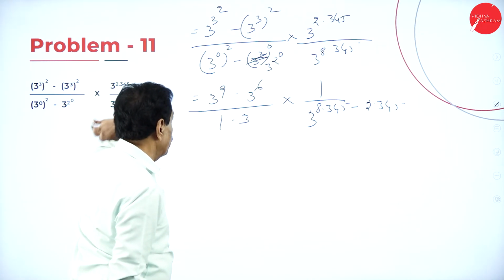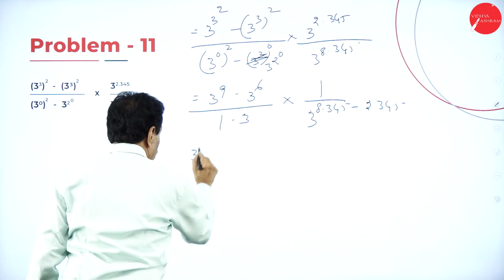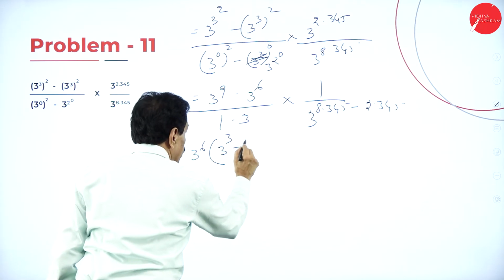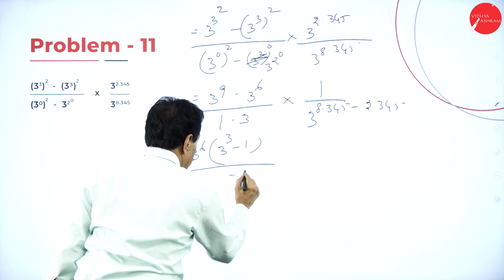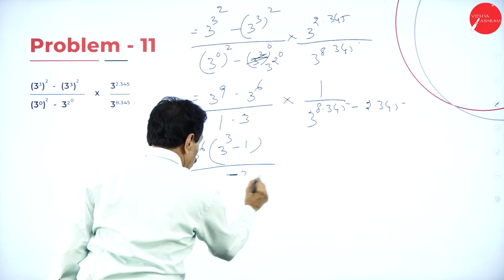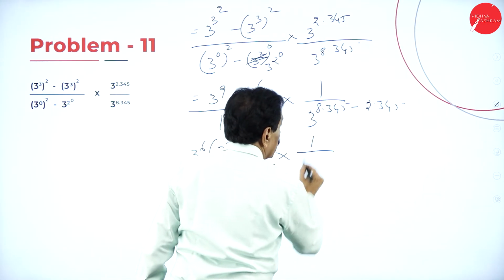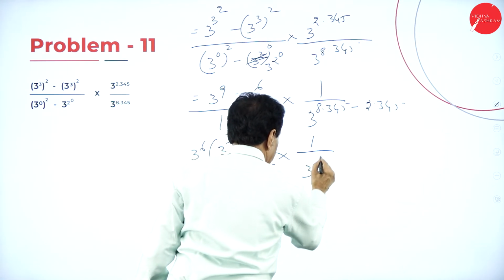1 square is 1. You take 3 to the power of 6 as common. How much is left over? 3 cube minus 1. This is minus 2 into 1 over 3 to the power of 6.